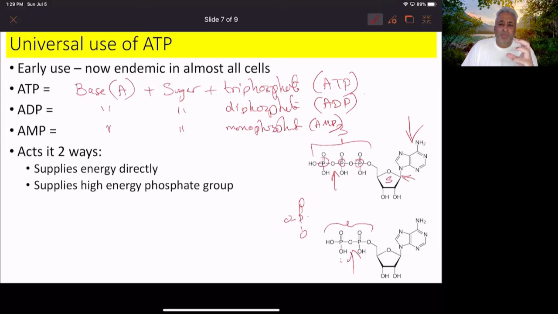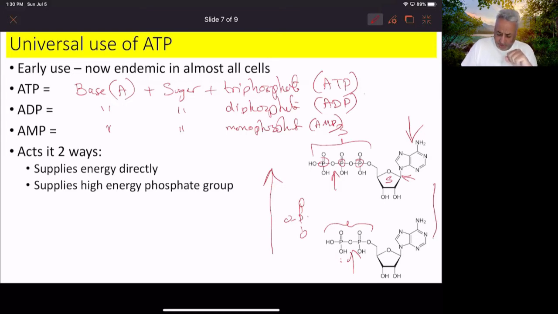So your food supplies the energy when it's been deconstructed, when it's been broken down by your cellular machinery. And the energy in the food is used to power the production of ATP in many steps. So when you produce ATP from ADP, you're going in this direction, and that's when you're storing energy within these activated carriers.